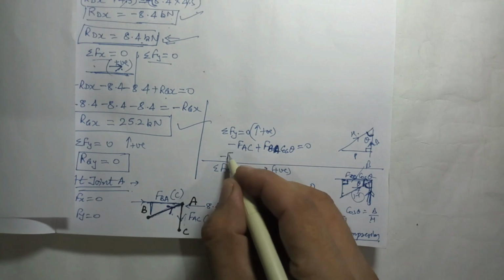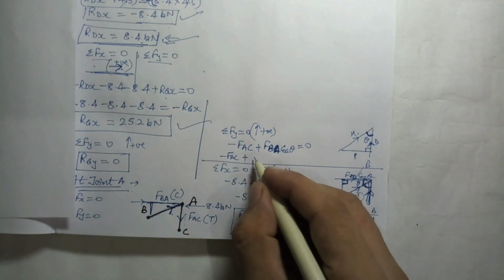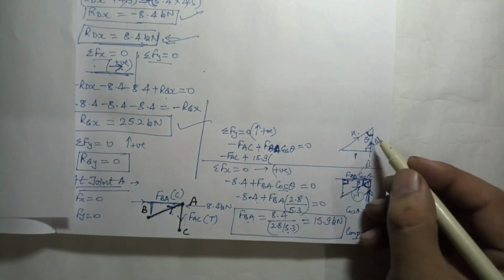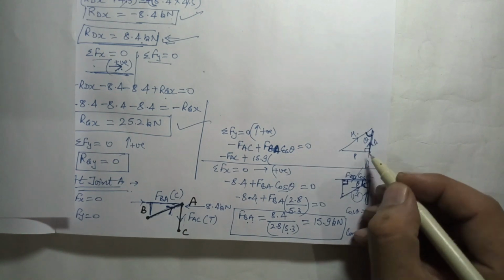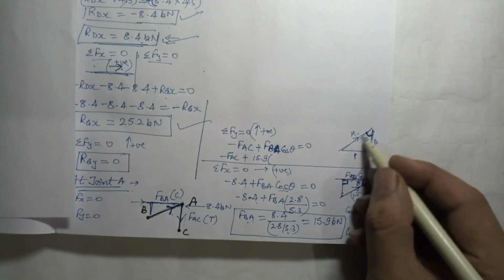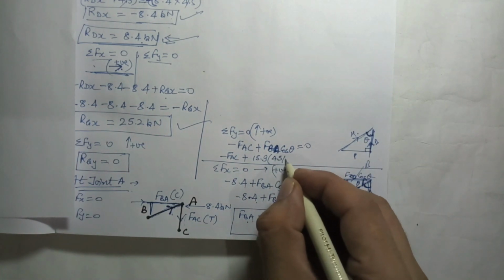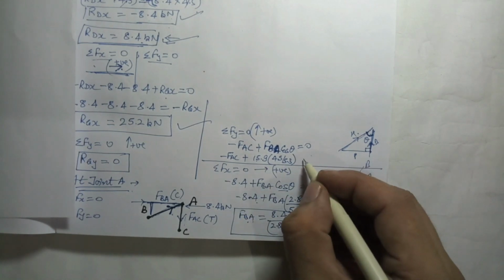Now we will say FAC, unknown value, plus FBA. We are having 15.9 kilonewton, and cos theta, what will be cos theta in this? This is base. In the question you can see this is 4.5, and base over hypotenuse is 4.5 divided by 5.3. When you solve this, it will go on that side and become positive.